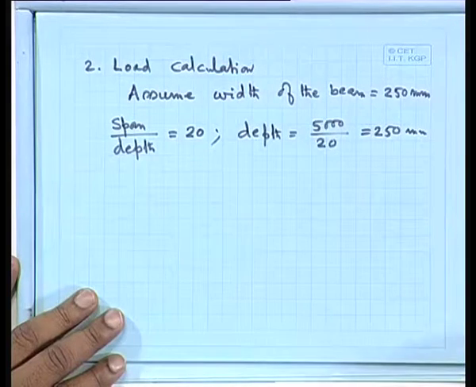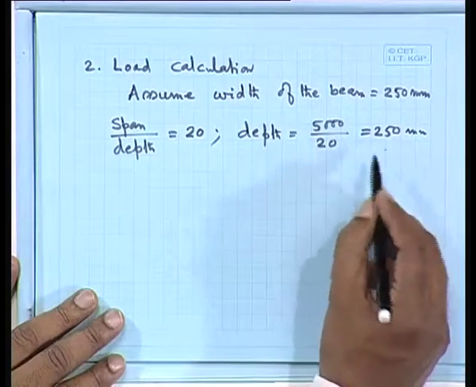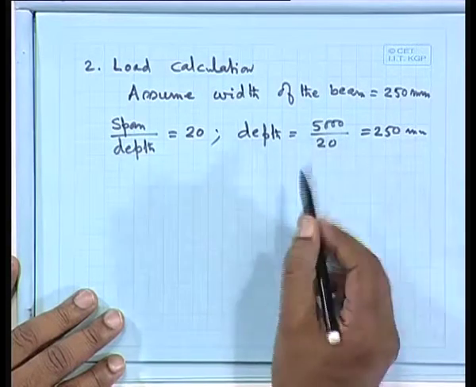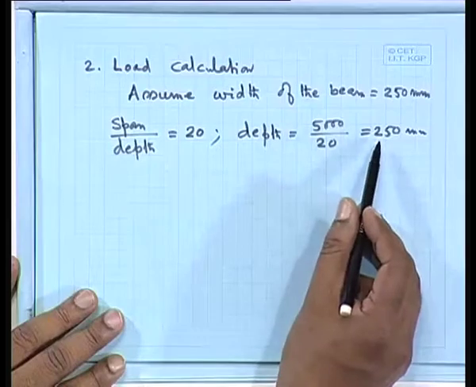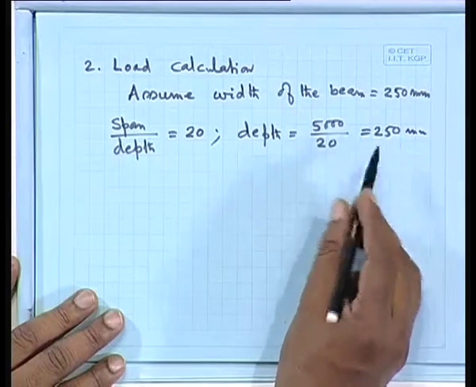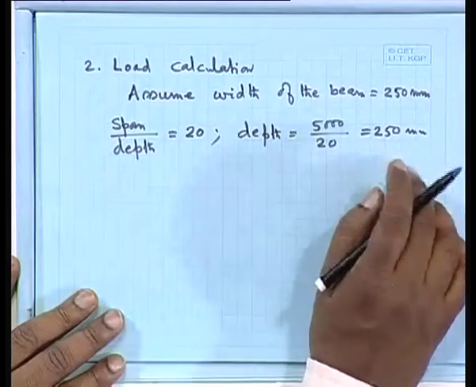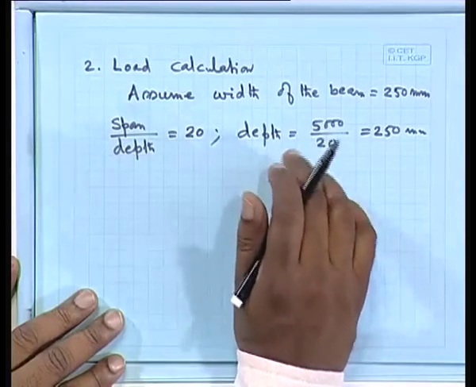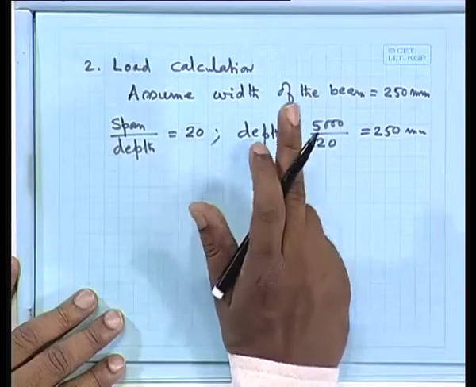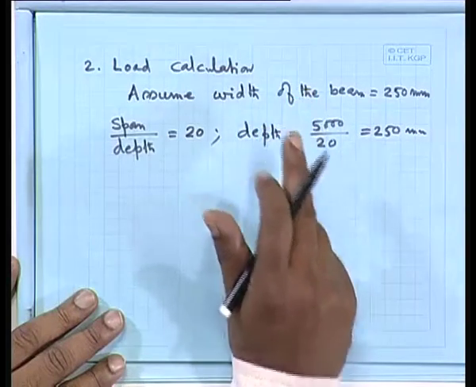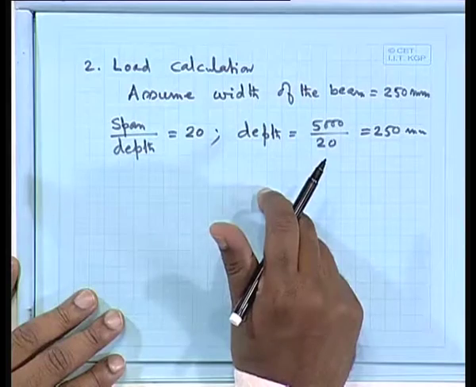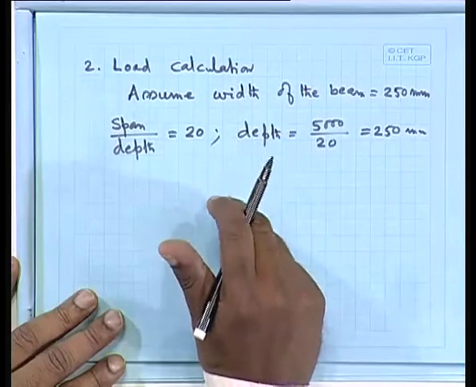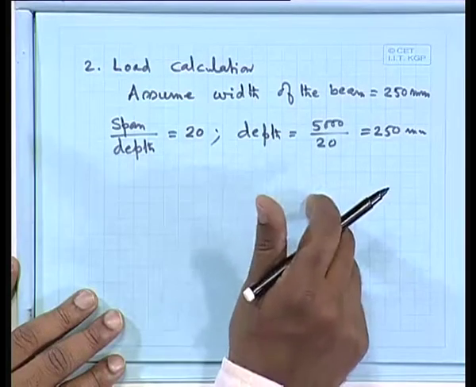If we start using this value, then you will find that it will be very less. I do not want to go into that computation, because I have to calculate the self weight of the beam, and then the live load given, then I have to calculate the mu, the bending moment due to the applied load, and then find the equivalent bending moment due to torsion.